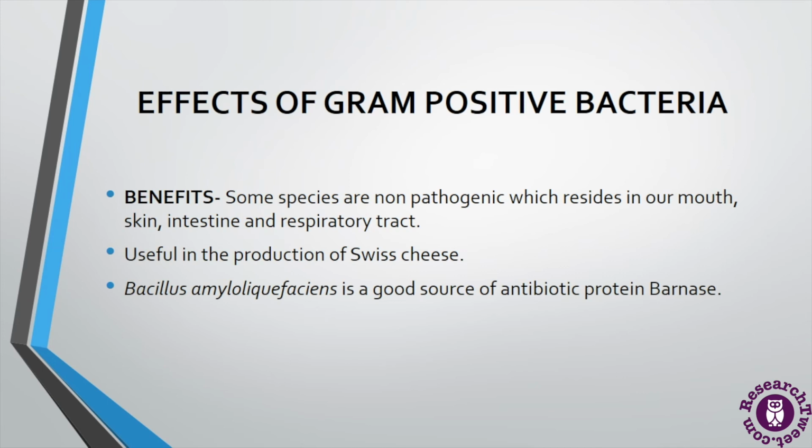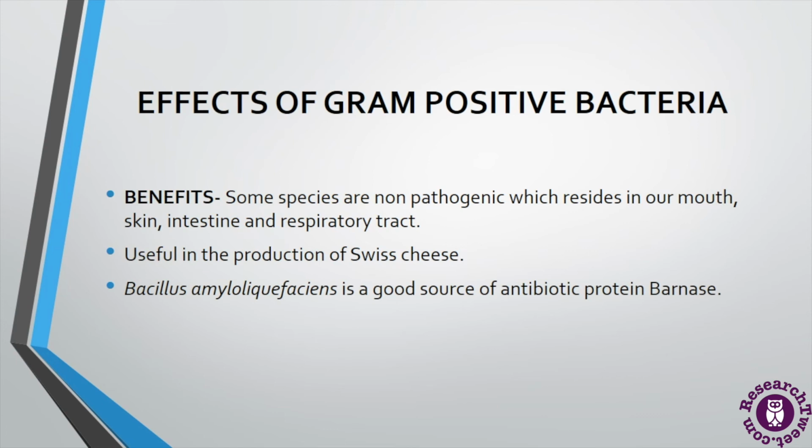There are several species of gram-positive bacteria which are non-pathogenic or which act as probiotics. Probiotics are the class of bacteria which are beneficial for humans, and these species reside in our mouth, skin, intestine and upper respiratory tract, and they are not pathogenic for us.